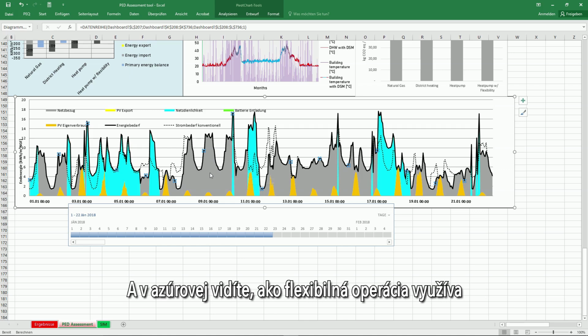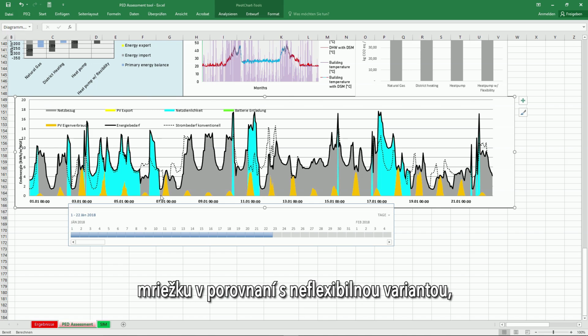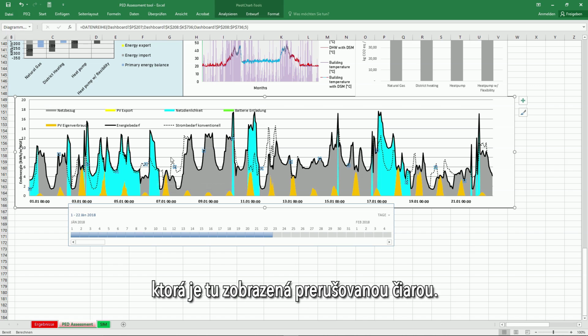And in cyan you see how the flexible operation is using the grid as compared to the non-flexible variation, which is the dotted line here.